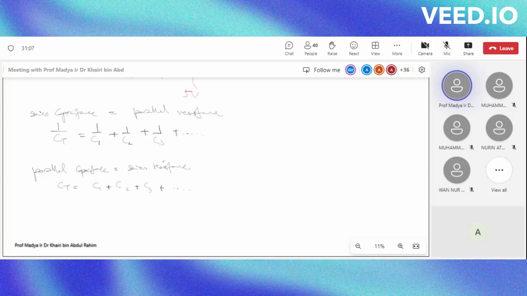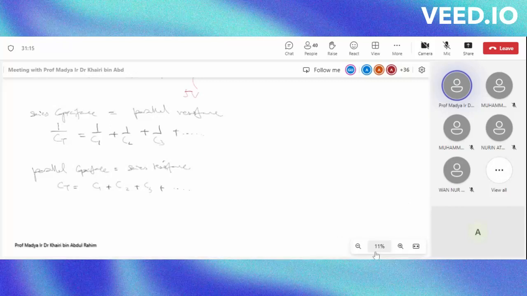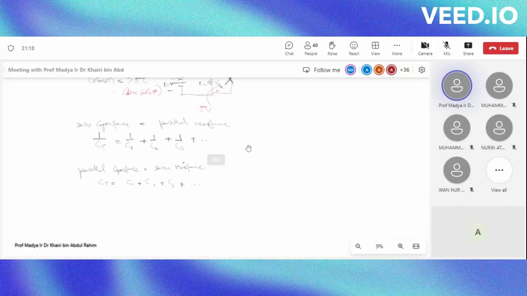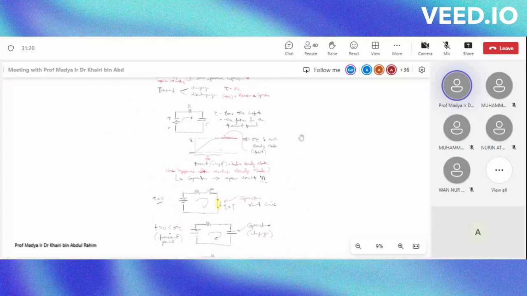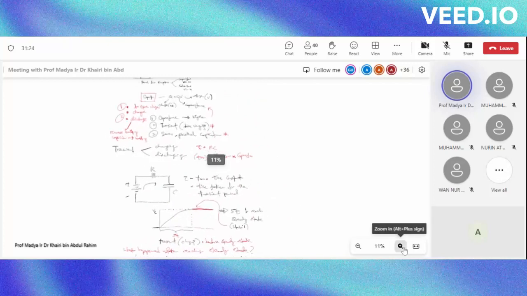So if I were to repeat, the first one is about the capacitor itself, and the use is, of course, to store charge and to discharge. To charge and discharge.